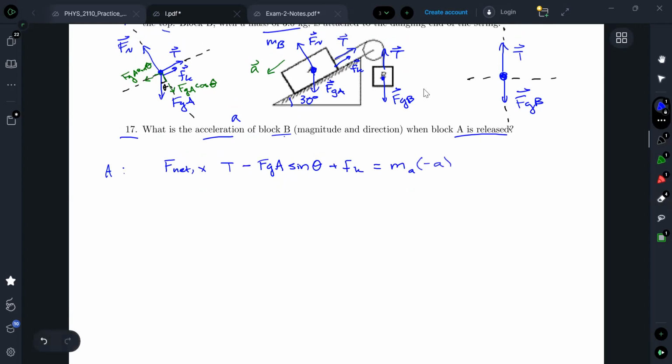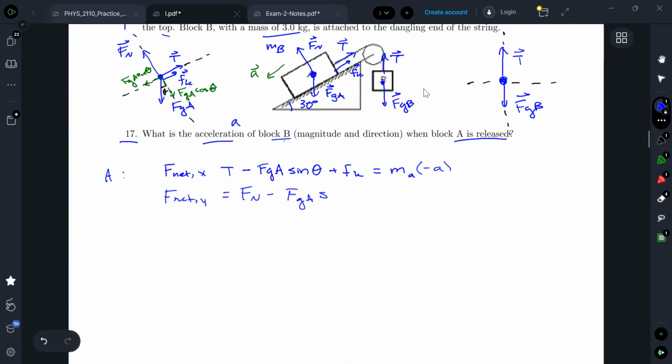It should be negative. And then in the Y, normal force minus FGA cosine theta.